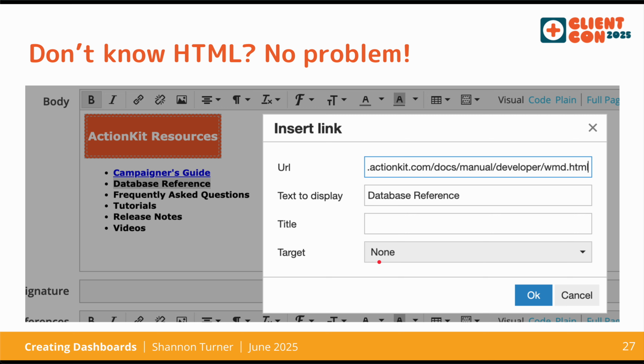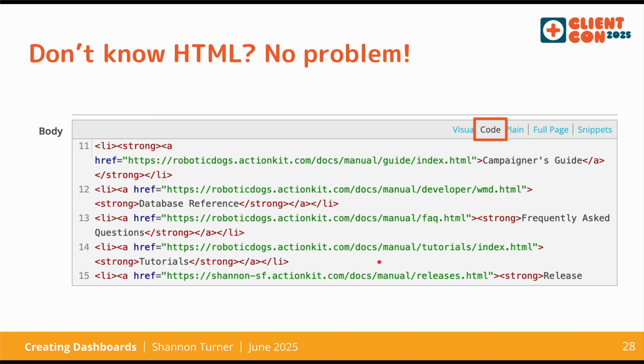Here I've opened up a draft mailing and I've started to make an unordered list of links in the mailer's visual editor. Then if I switch to the code editor, I can copy all of the HTML code that was generated here and paste it in my dashboard.